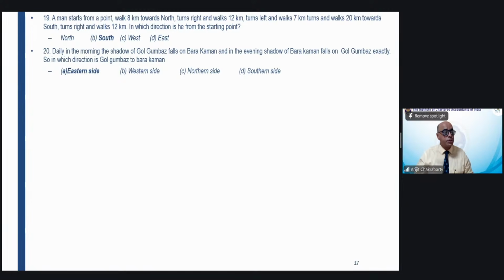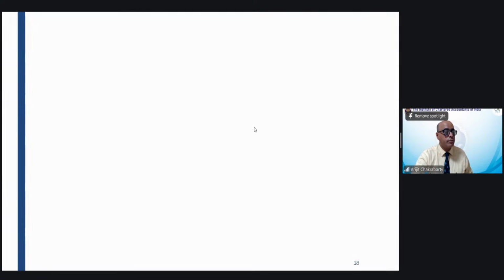Question is, in which direction is Gol Gumbaz to Bada Kaman? So you can easily understand Gol Gumbaz is to the eastern side of Bada Kaman. That is why when the sun rises in the east, the shadow of Gol Gumbaz falls on BK, Bada Kaman. So question number 20, it's a classic question. Yes, Subhash, Aishwarya, yeah, eastern side.